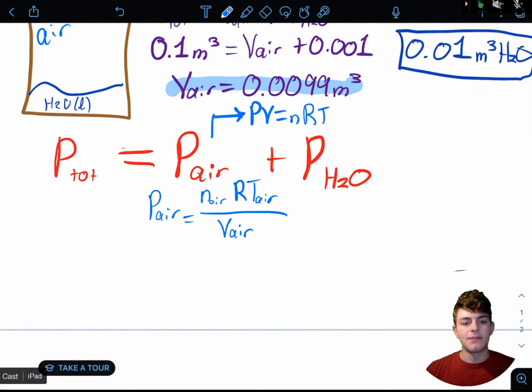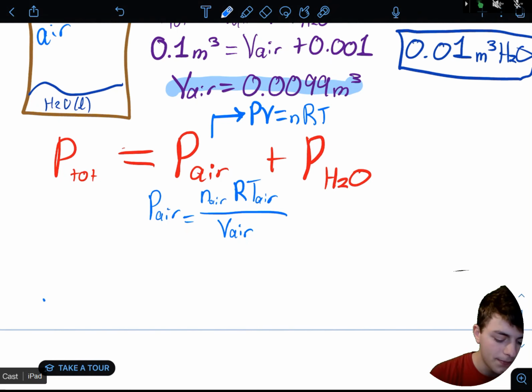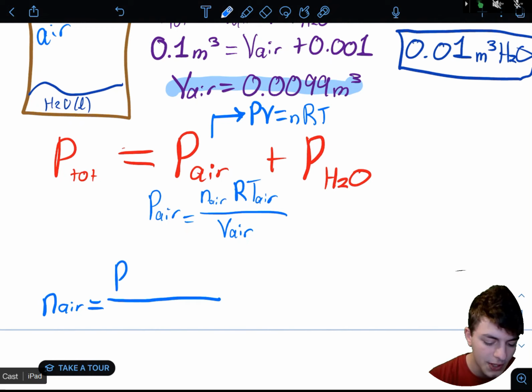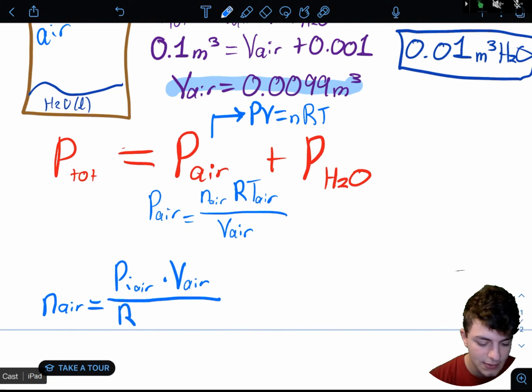However, given the initial pressure and temperature, we are going to solve for the moles of air present once the container is sealed initially. So the moles of air, given our initial conditions, is going to be equal to the initial pressure of the air multiplied by the volume of the air over the ideal gas constant times the temperature of the air.